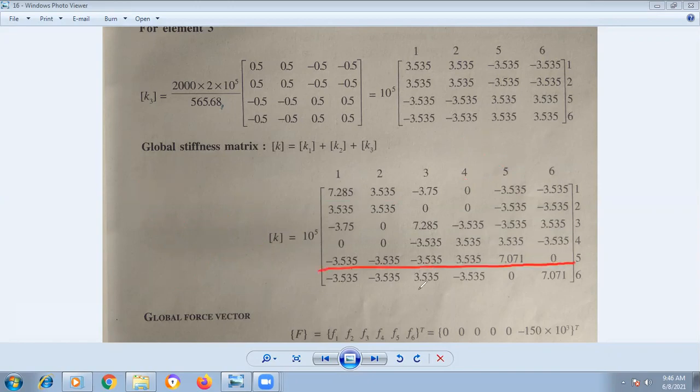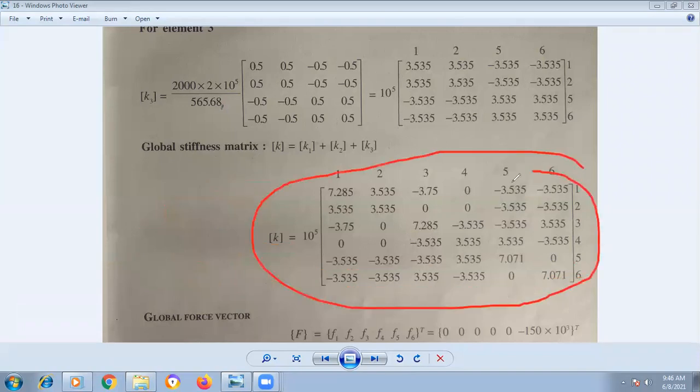So coming to the last row, this will be the addition of 1, 2, 5, 6, that is first and third matrix. Next you have second and third matrix, and at last you have the third matrix written. So you take enough time and write this K matrix properly, right?